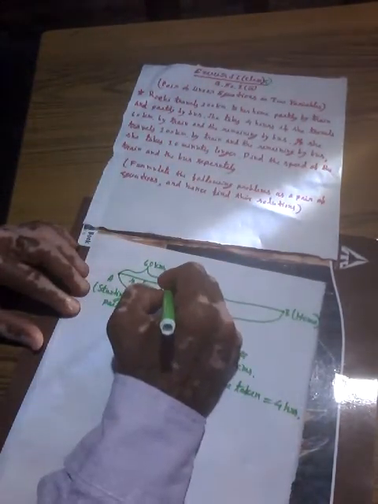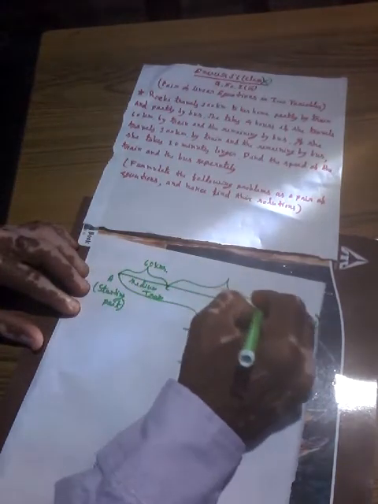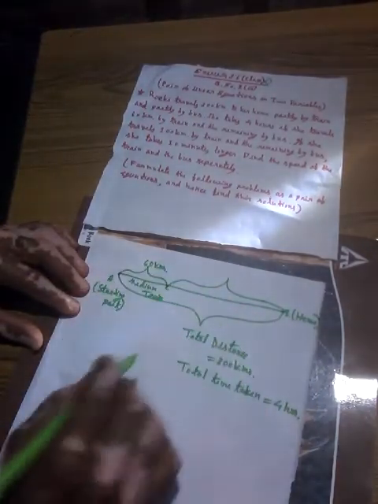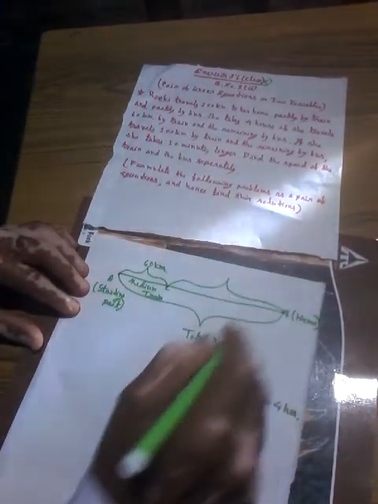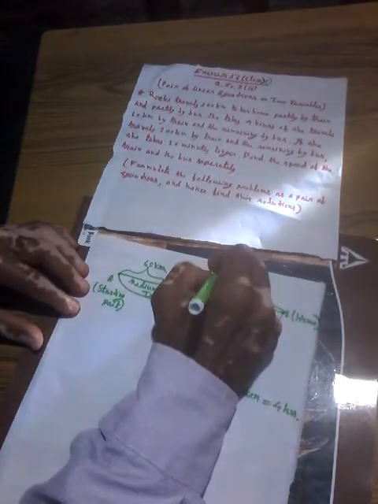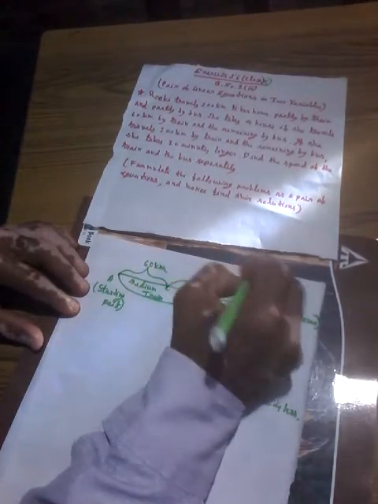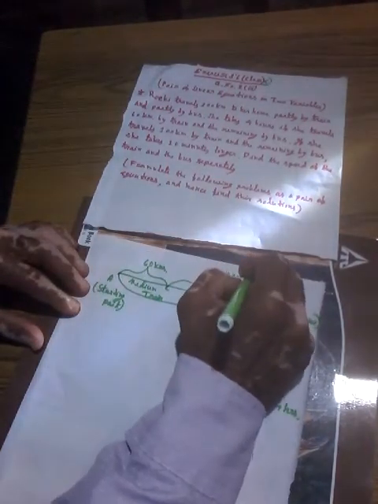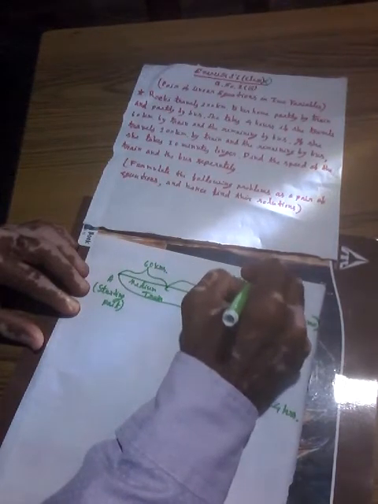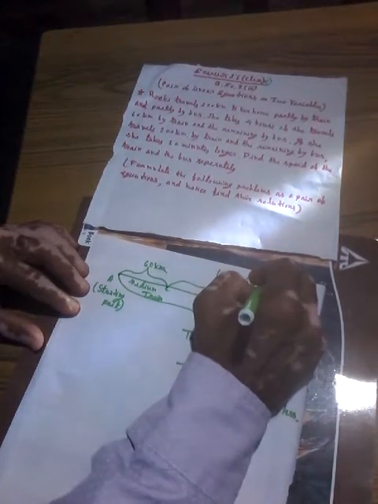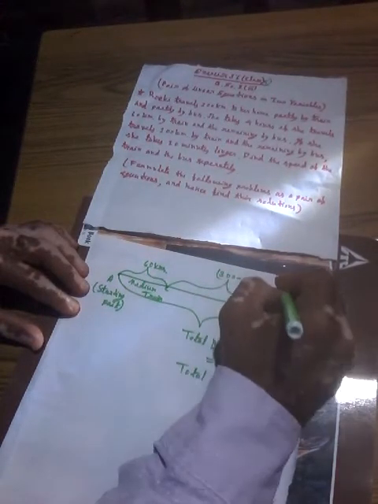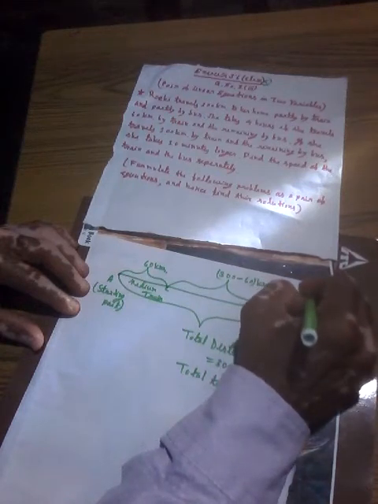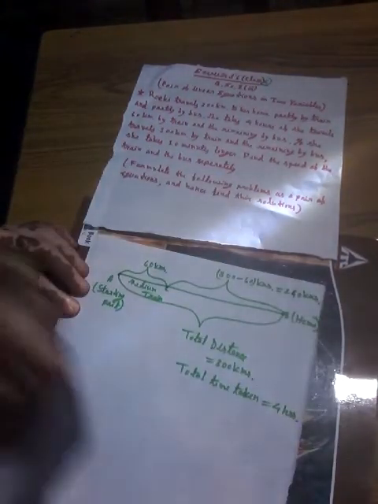Now the distance from the point C to B is the remaining distance, which is equal to total distance 300 minus distance already covered, 60 kilometers. If we deduct 60 kilometers from 300 kilometers, it will give 240 kilometers.